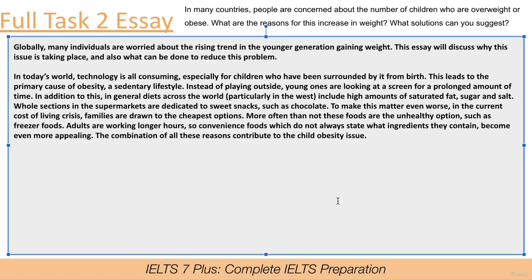Whole sections in the supermarkets are dedicated to sweet snacks, such as chocolates. To make this matter even worse, in the current cost of living crisis, families are drawn to the cheapest options. More often than not, these foods are the unhealthy options, such as freezer foods.